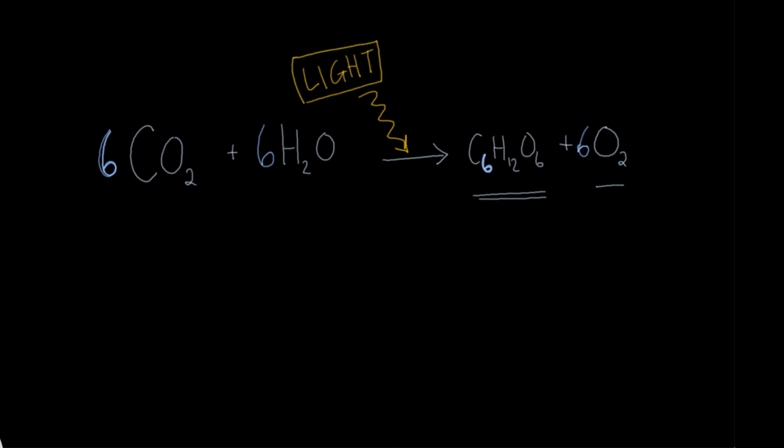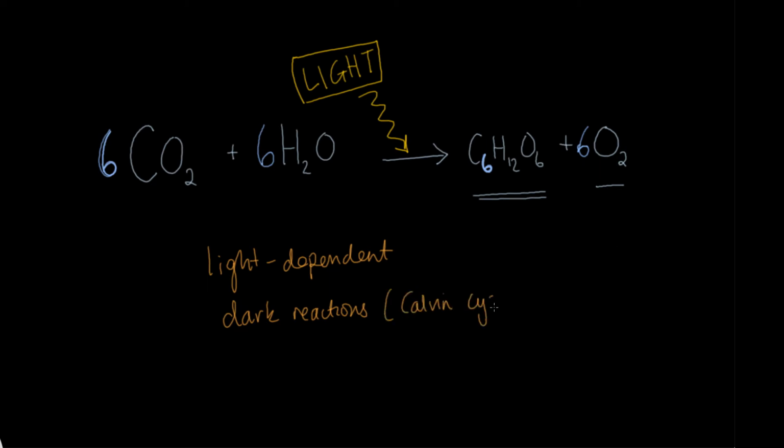Now photosynthesis is split into two reactions: the light-dependent reactions and the dark reactions, also called the Calvin cycle. Now the light-dependent reactions happen in the presence of light.